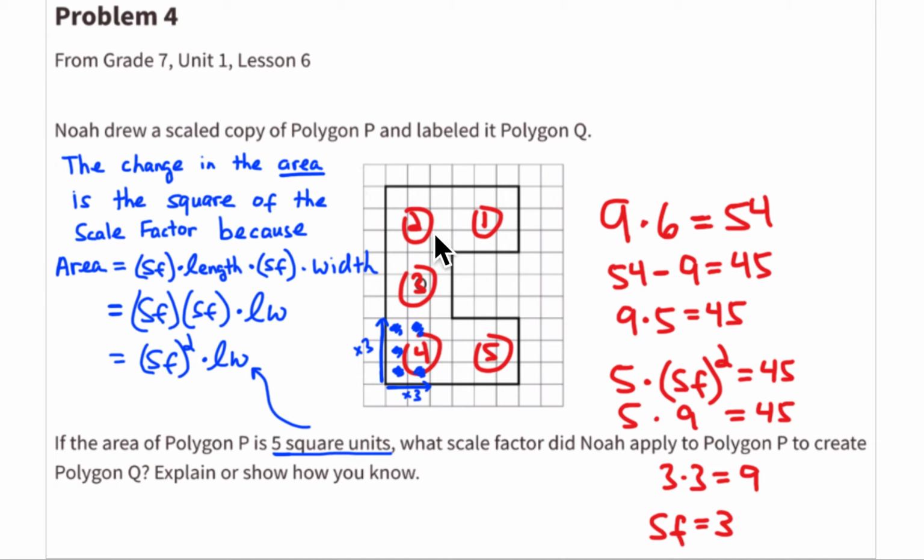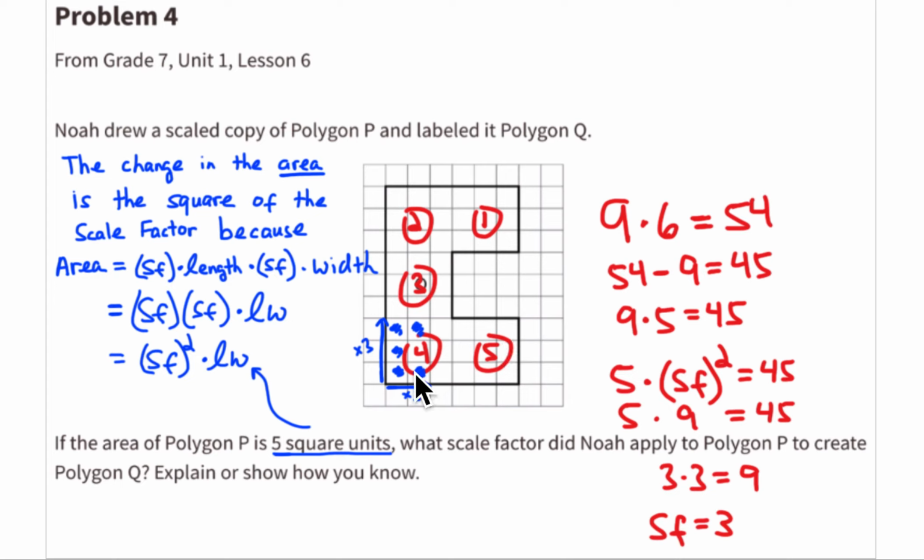Problem number 4, you're going to scale a smaller polygon. Polygon P has an area of 5 square units, and it gets scaled up, and they want you to tell us what the scale factor is. What's the scale factor? So you're going to go from 5 square units to this larger image right here, which is Q. Well, if you figure out the area of this, there's a couple ways to do it.